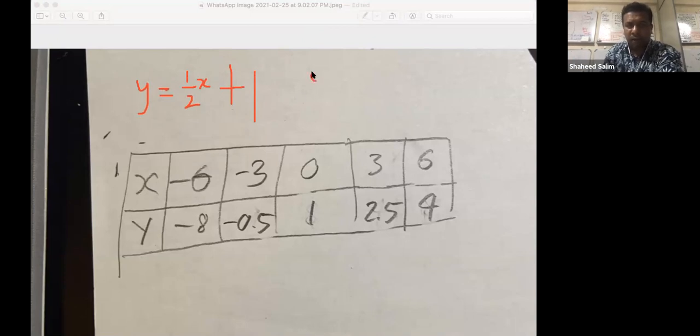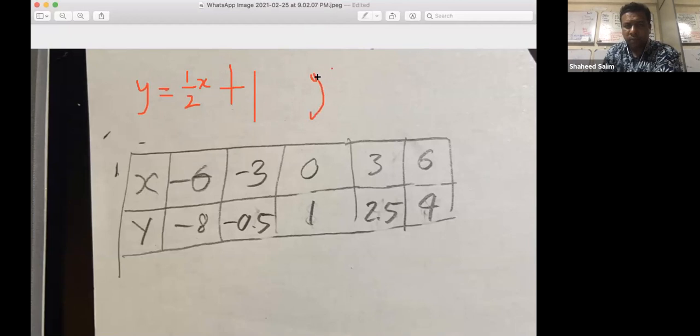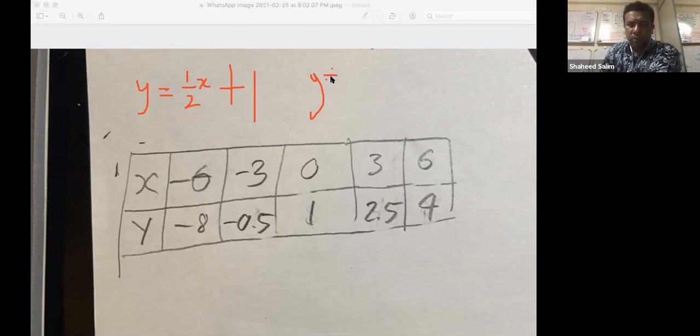So I'm going to write here y equals, you can put 1 and then you can put brackets, minus 6 if you want, because the x is actually on top, but sometimes you write in the middle, no problem. Plus 1. Now minus 6 times 1 is minus 6. Minus 6 divided by 2 is minus 3.